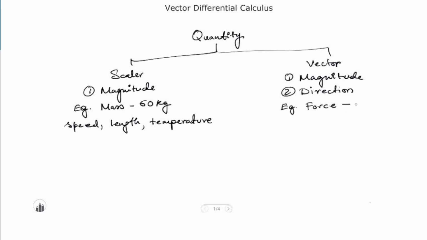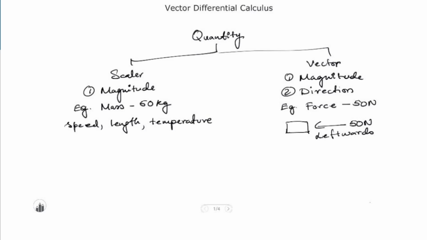So let's say there is a force of 50 Newton acting on a box, and the force needs to have a direction. So in this case, the force is pushing the box towards the left. So you can say leftwards. So then there is a direction with the magnitude in a vector quantity.